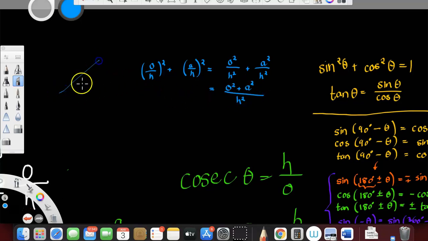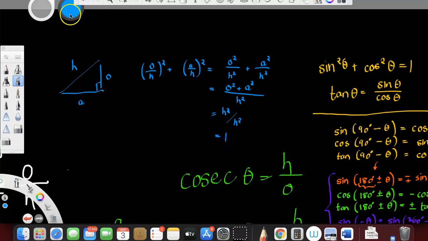In a right angle triangle, when you square these two and add them together, you get Pythagoras: these two squared is equal to the hypotenuse squared. So here at the top, you simply have hypotenuse squared over hypotenuse squared, which is 1. And that's why that is true.